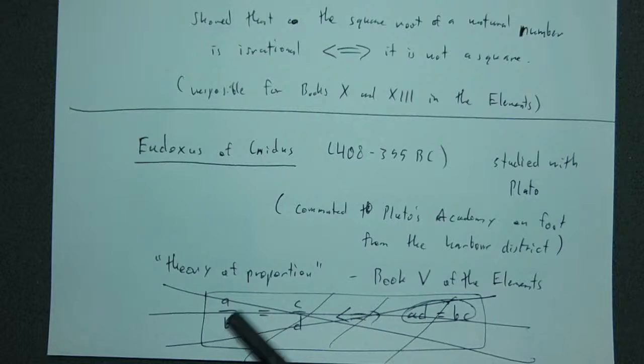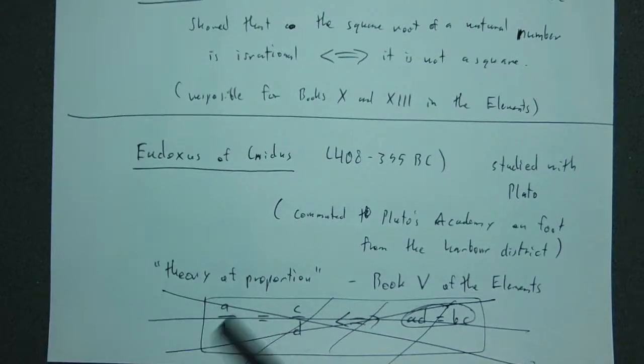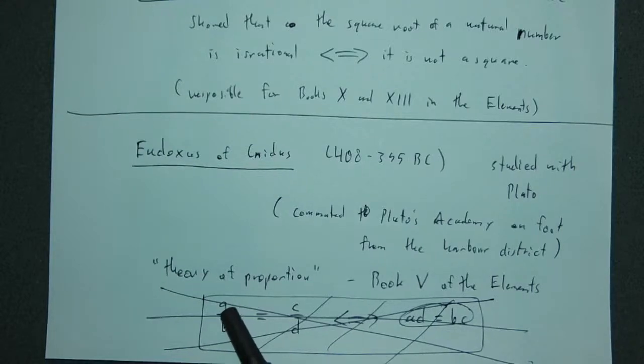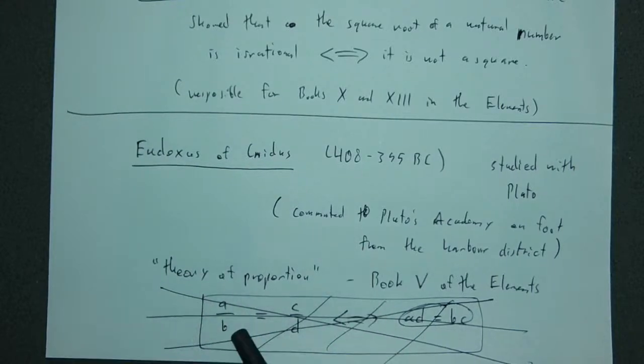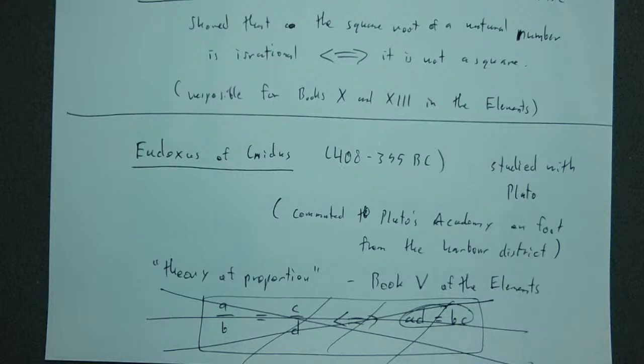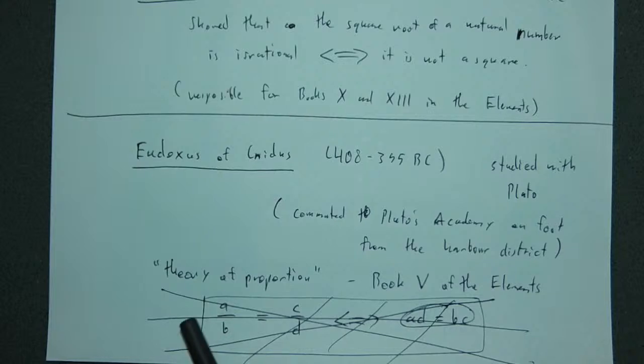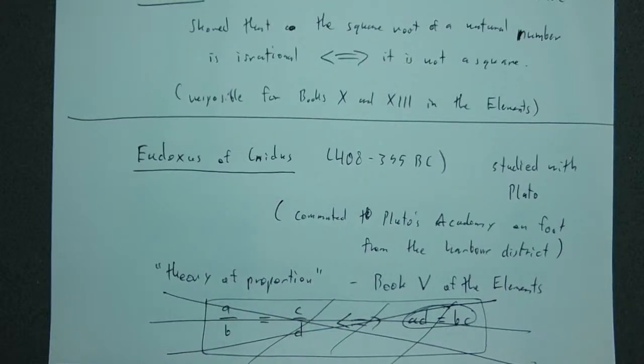What if A and B are measurements of an arc of a circle, right? So A is a measurement of an arc of a circle, B is a measurement of another arc of a circle, and I want to consider the ratio. Well, that ratio makes sense. And then say that C and D are angle measurements, right?